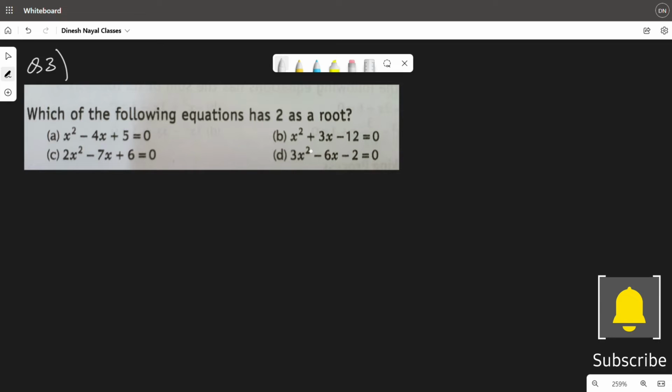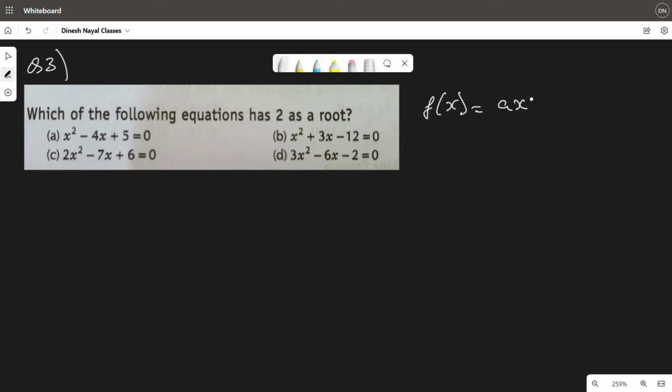First of all, we should note that if a quadratic equation is given in the general form ax square plus bx plus c, and if alpha is the root of the equation, then f of alpha, if you substitute alpha, should give you the answer 0. So that's what we are going to apply over here.